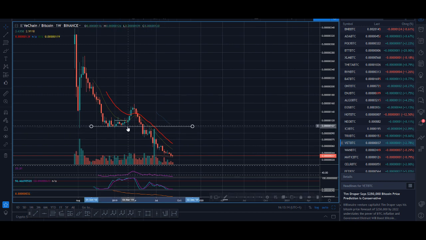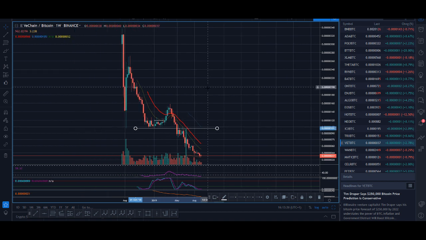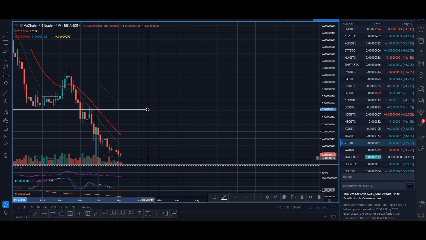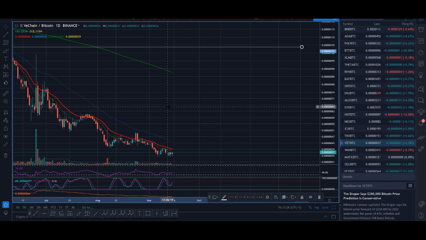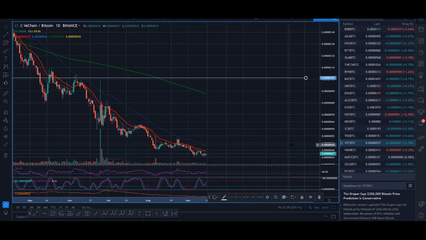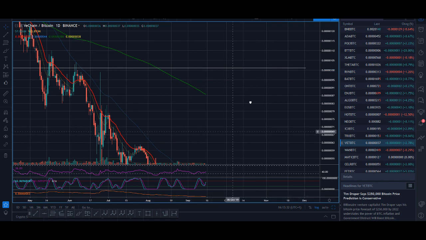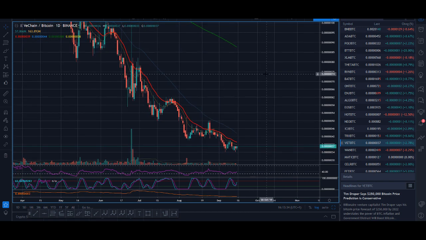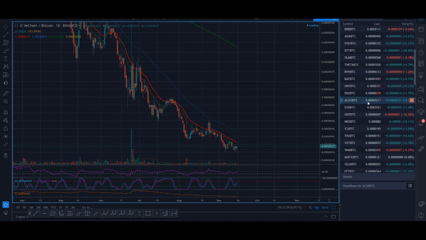You can see there's a potential trend change there, but it couldn't hold above this. It went down, and it's not a coin that from a trading point of view you'd be looking to buy. The volume is literally non-existent. I think they had some partnership news come out and the price didn't go up as much. So yeah, I won't really be interested in VeChain at the moment.